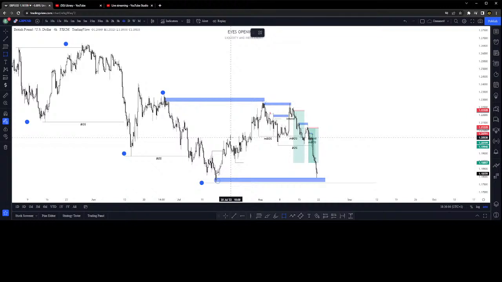Note, I won't mark all points of interest. I'll just mark the major ones where mainly either main range structure will form or a protected high will be formed. So those are the points of interest I'll be marking for you. Those other intraday time frame POIs, I won't be marking out for you.